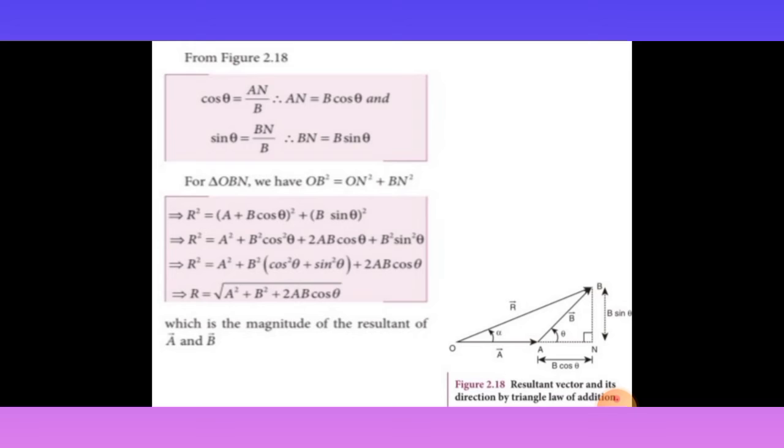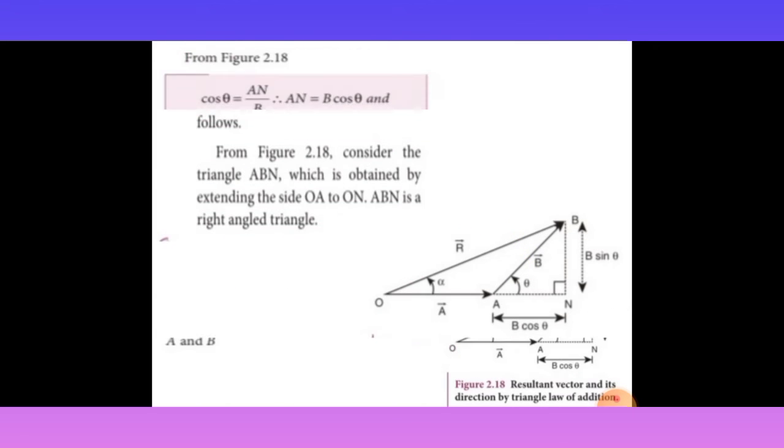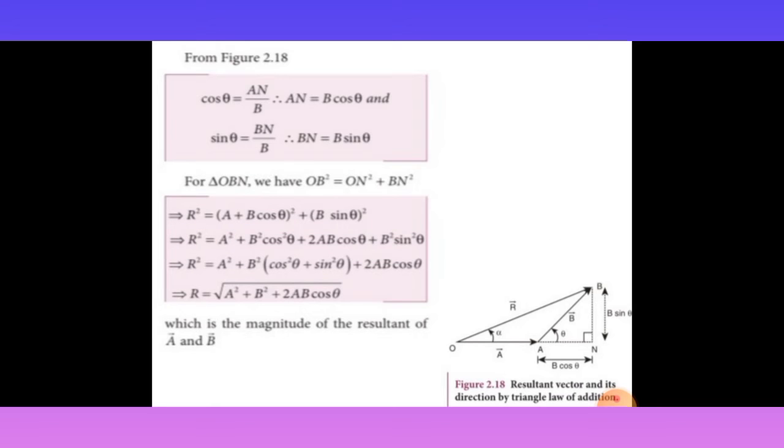So from this we can write R square is equal to, it is in the form of (a plus b) whole square. So we can apply (a plus b) whole square is equal to a square plus 2ab plus b square. So a square plus b square cos square theta plus 2ab cos theta plus (b sin theta) whole square, it can be written as b square sin square theta.